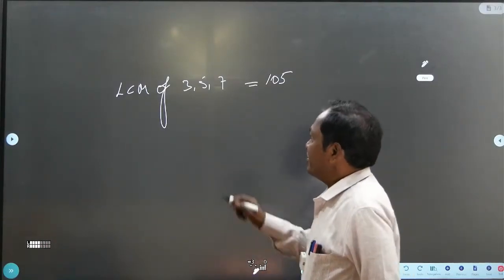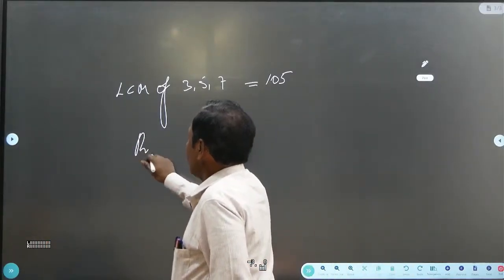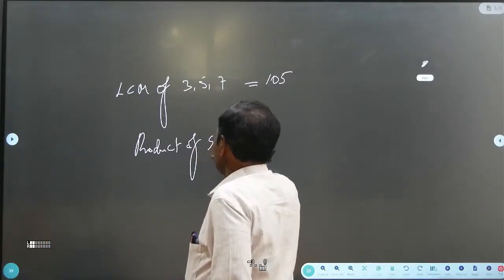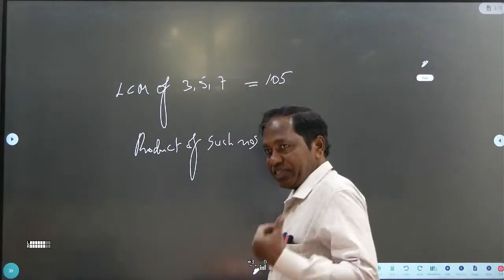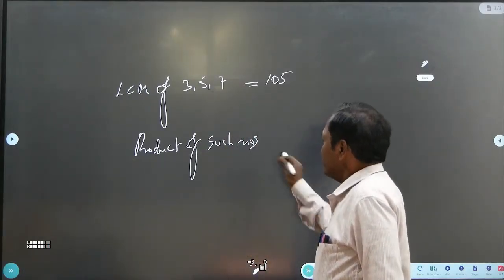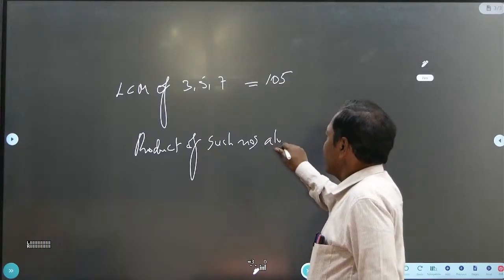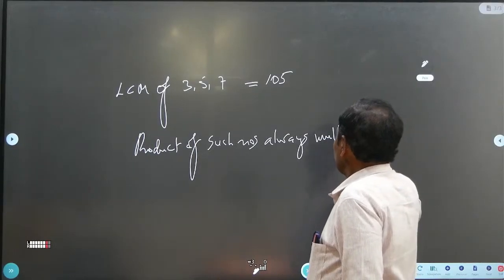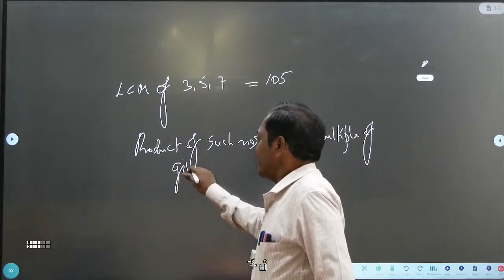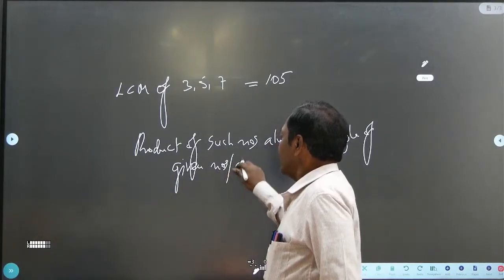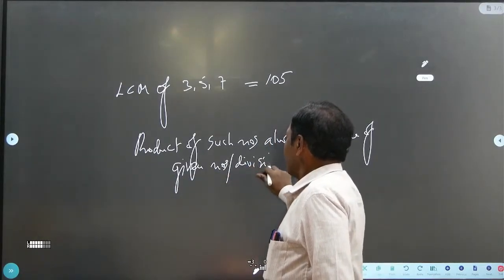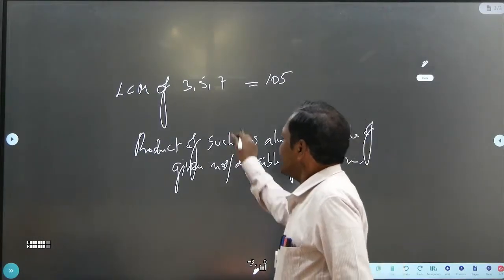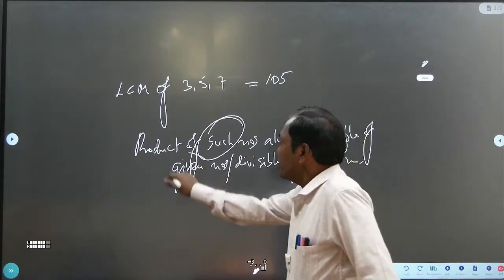See, because of the CSAT pattern: the product of such numbers is always a multiple of the given numbers, or divisible by the given numbers.